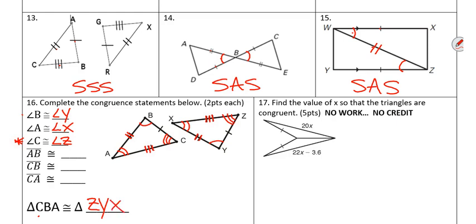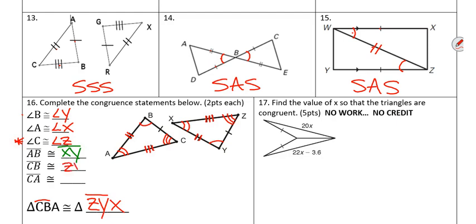So now when we look at these congruent statements, AB, I want to show you something. So AB right here is right there. So that's going to be then XY. So we're going to put XY here. When we look at the next one, again, because we already have our statement written, it's CB, so those were the first 2 letters there, which are going to be the first 2 letters here.